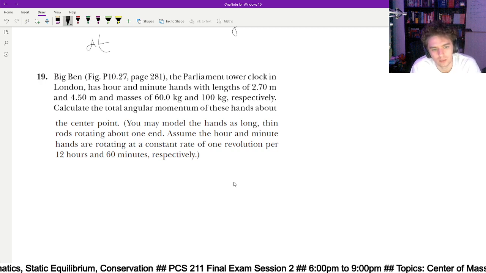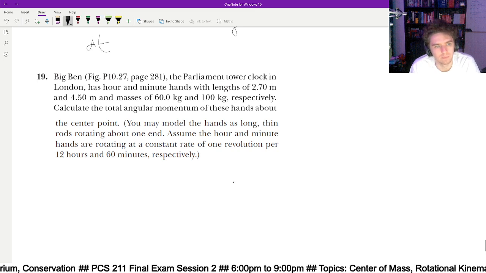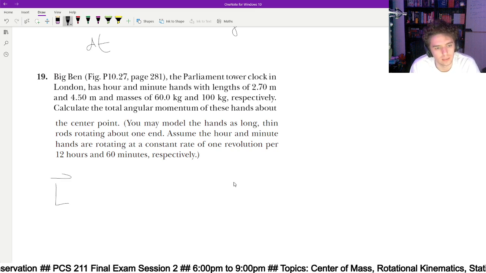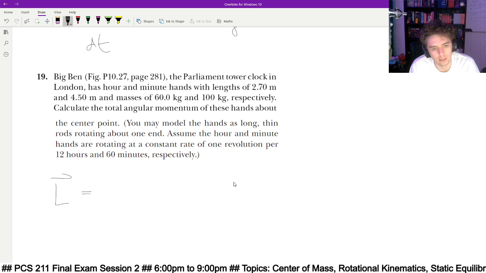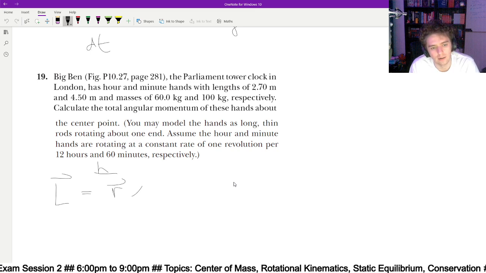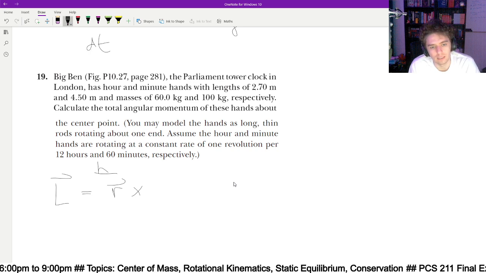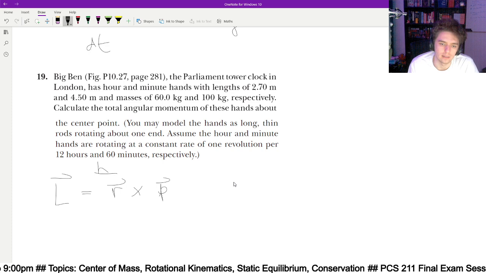Okay. So again, the angular momentum of the, let's start with the hour hand, right, is going to be the radial vector of the hour hand cross product with the linear momentum of the hour hand.